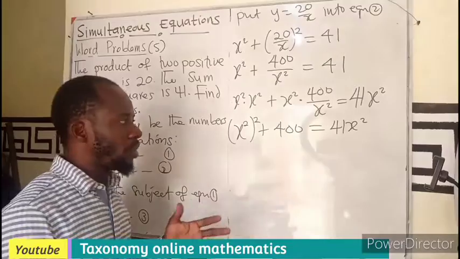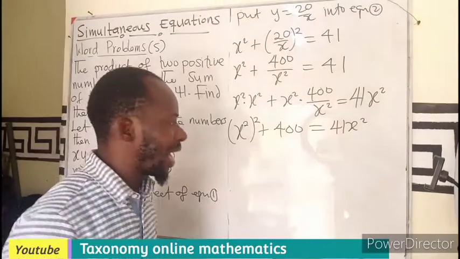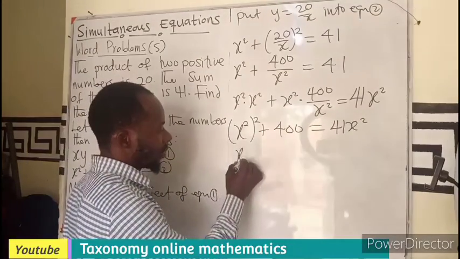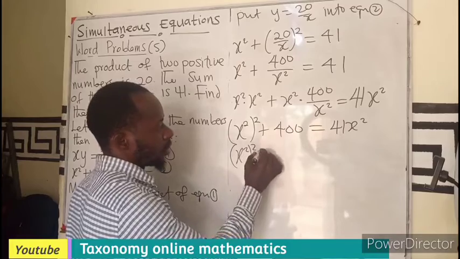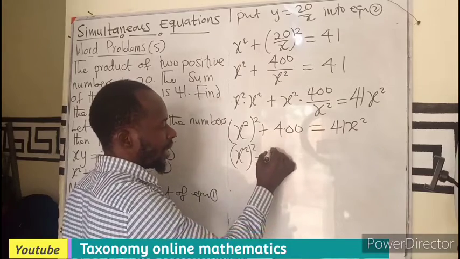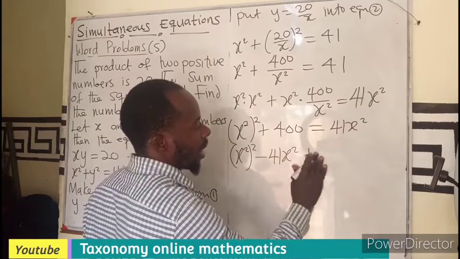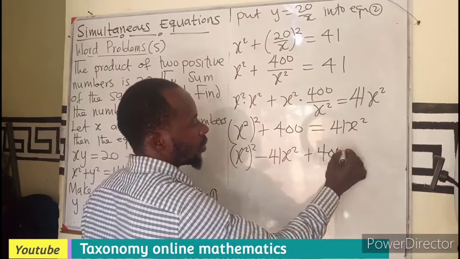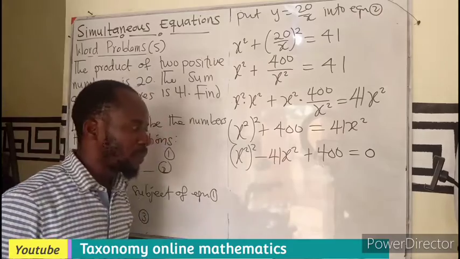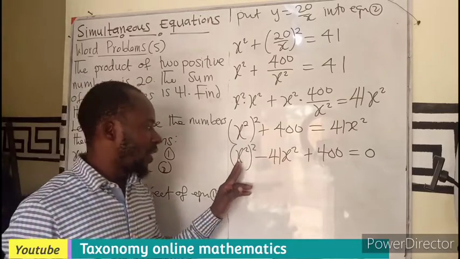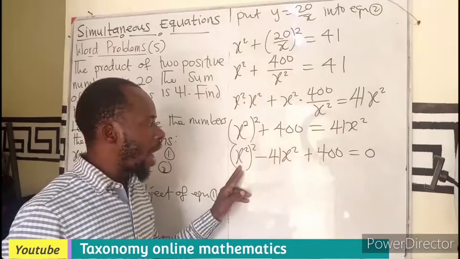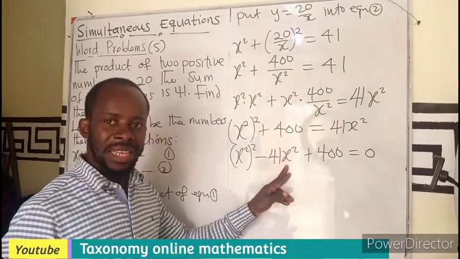So now let's group them together to have 0 at the end. So x to the power 4, minus 41x squared, plus 400 equals 0. So we assume that if this is y, it will be y squared. Do you see it?